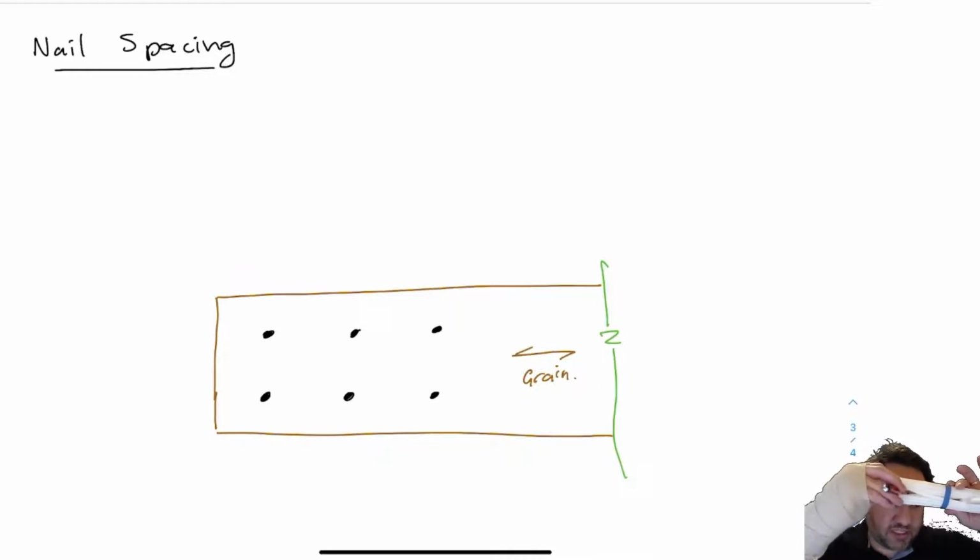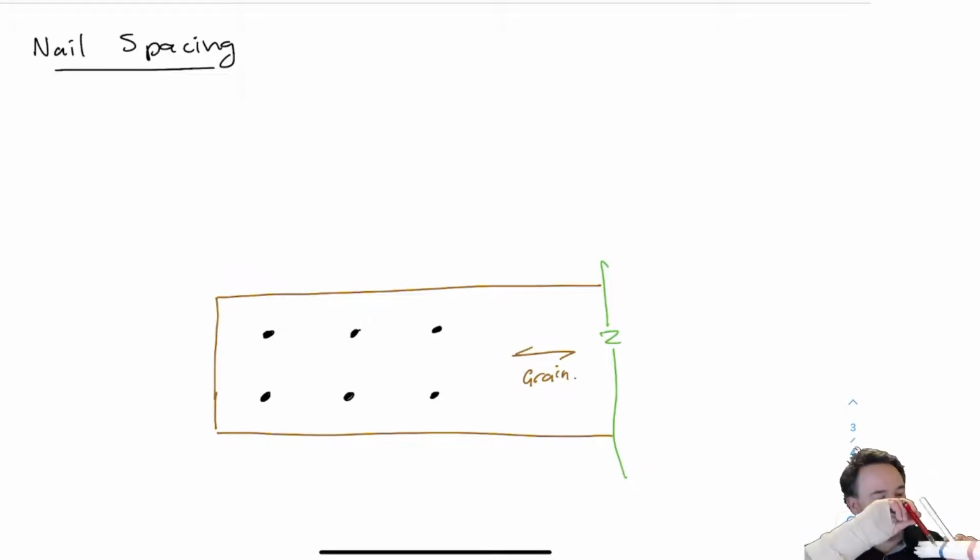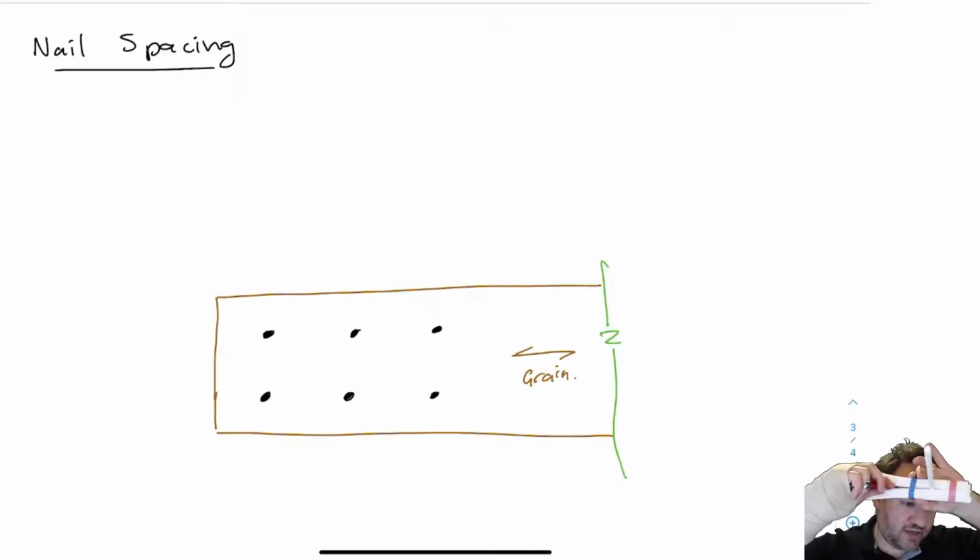But as I bring these nails closer and closer together, these spots where the fibers are pulled apart are going to eventually join together, and then they're going to cause a split.